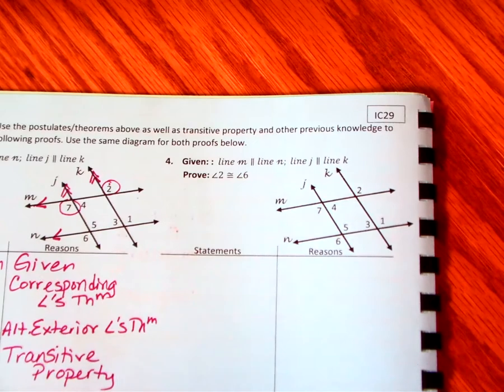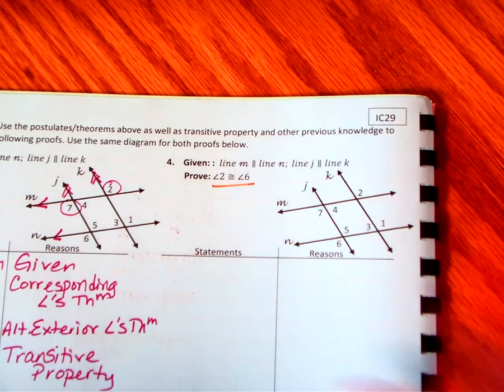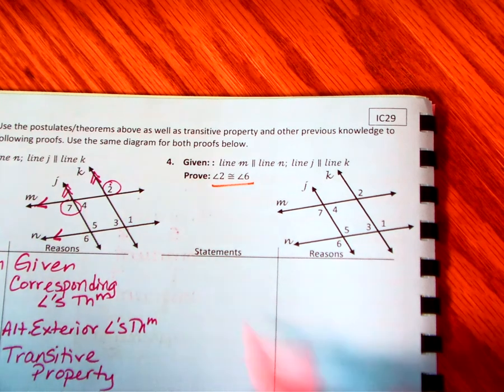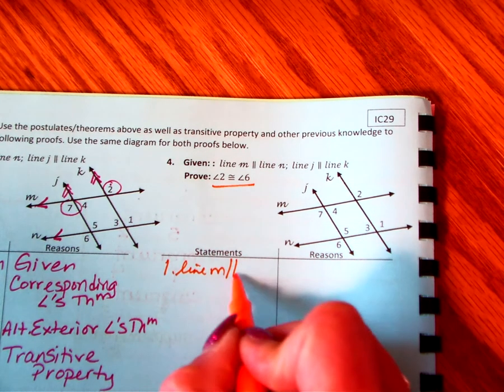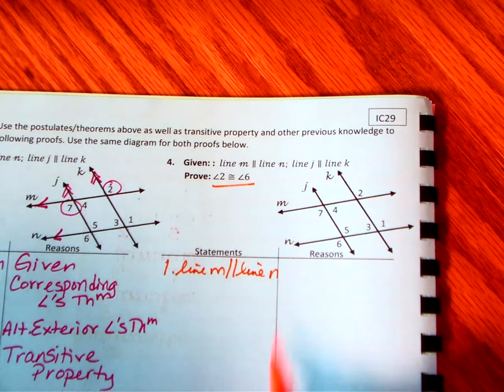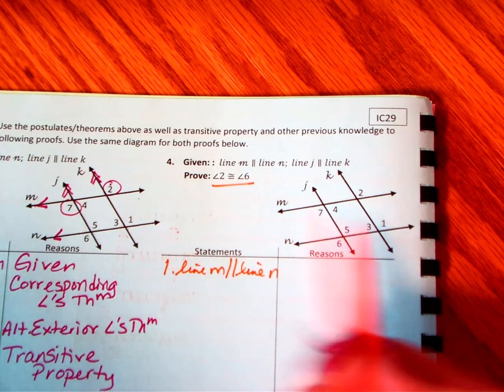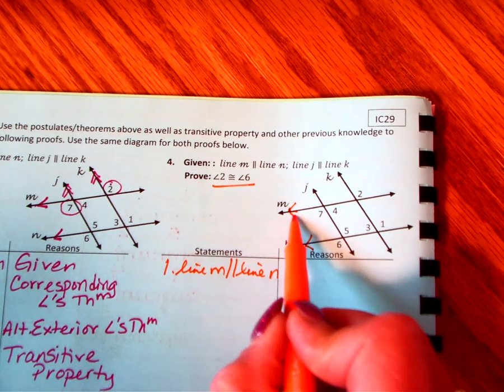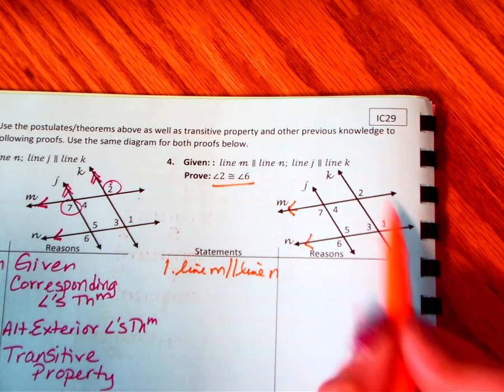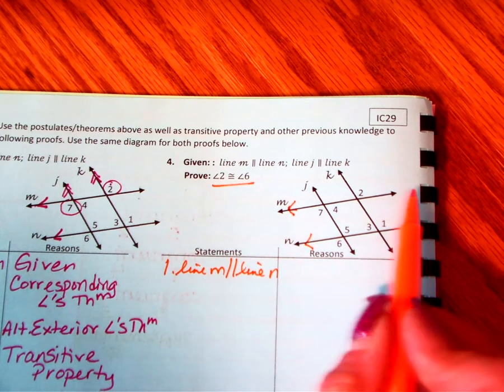Okay, next one's going to be very similar, where we're going to prove angle 2 is congruent to angle 6 here. Okay, so we're going to start with line M being parallel to line N. Okay, so anything with M and N, where I can use 2 or 6 here.